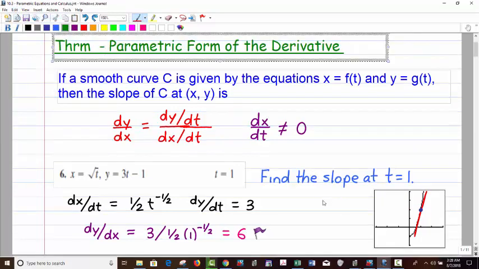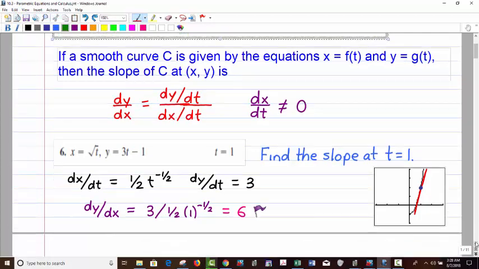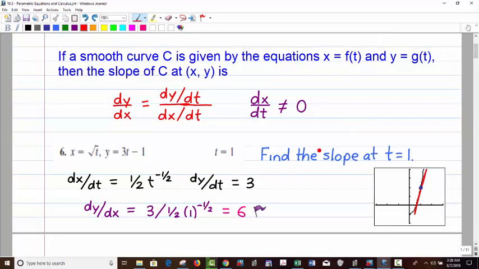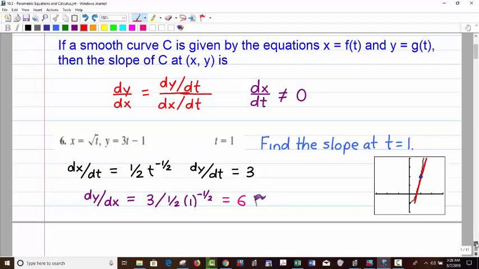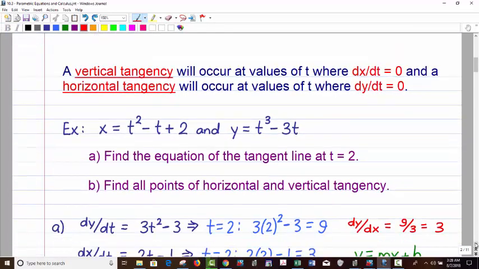All right, that's basically the gist of how you do that. Now suppose on a parametric equations smooth curve, we wanted to figure out what's called both vertical tangencies and horizontal tangencies.